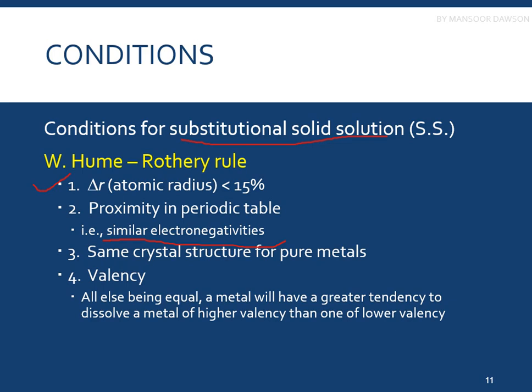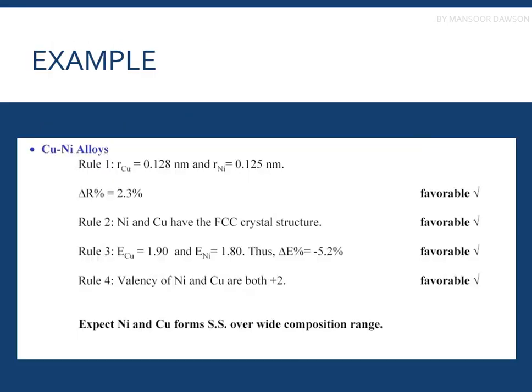The crystal structure should be similar, and the valencies should also be similar in order to make a substitutional solid solution. Let's do an example, a copper-nickel alloy system.